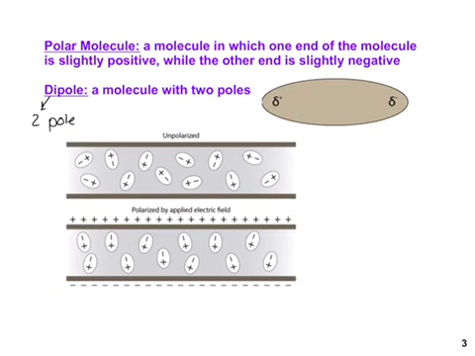When we polarize that material, we apply an electric field to it so that one side of the electric field has the positives and one side has the negatives. So then the atoms or the molecules in that compound align so that the negative ends of the molecules are pointing to the positive side of the electric field, and the positive ends of the molecules are pointing to the negatives, because remember, opposites attract.